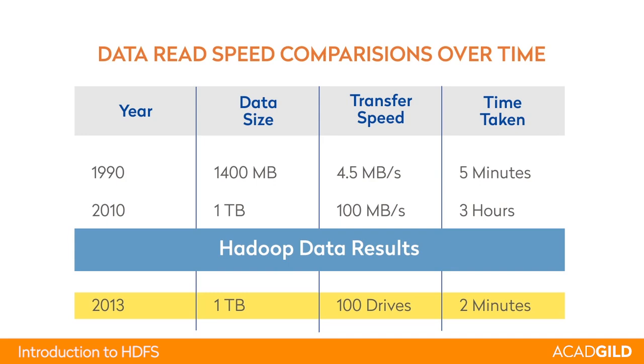And if every machine scans in parallel the data contained by that machine, then with 1 terabyte of data on 100 drives, every drive having a transfer speed of 100 Mbps, you can read 1 terabyte in 2 minutes. This is the real advantage of distributed processing. You do not depend on a single machine, but you depend on multiple machines for both the storage and the processing.